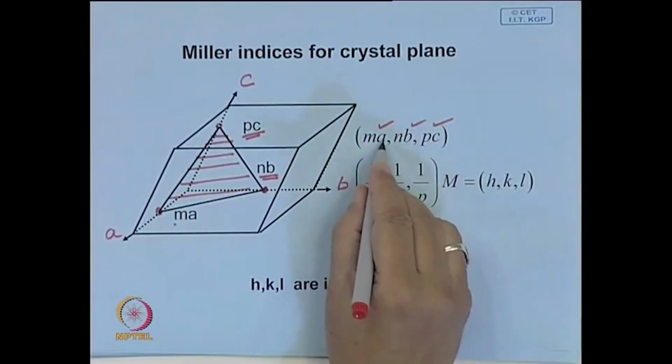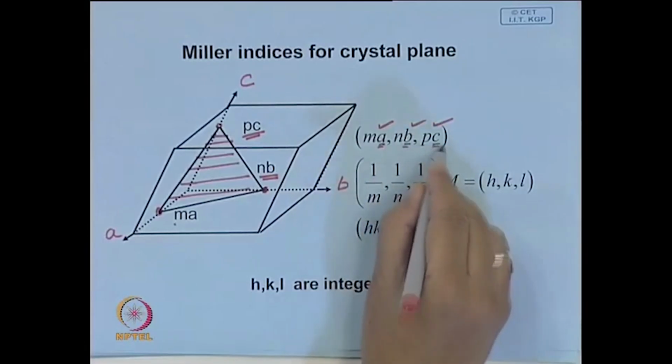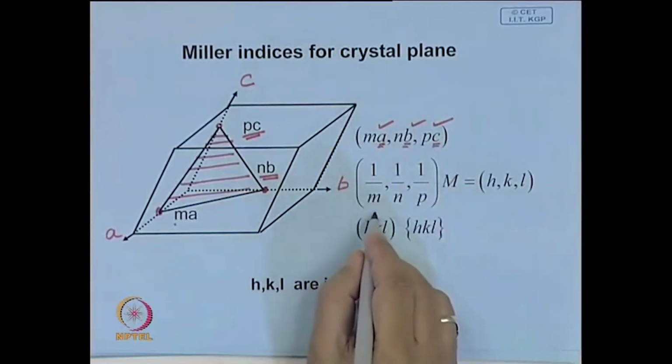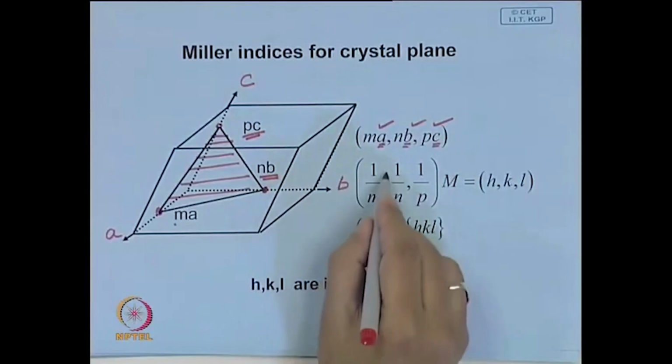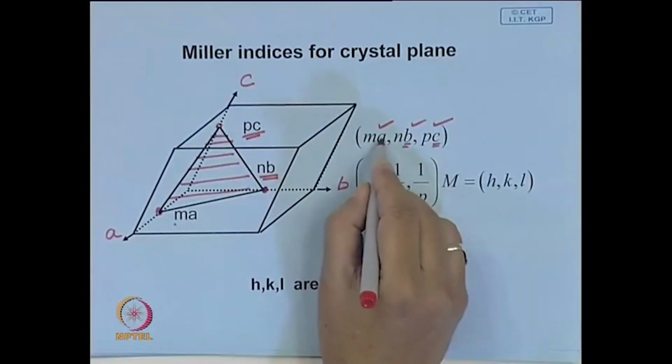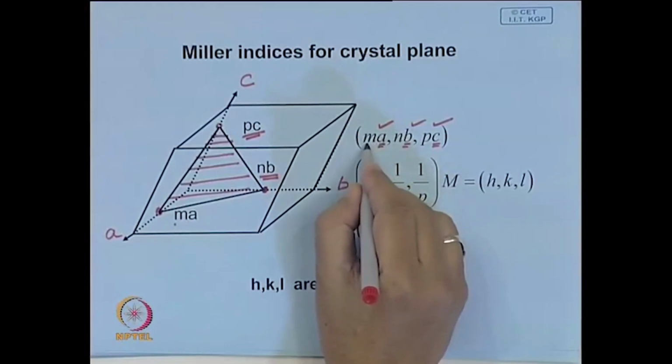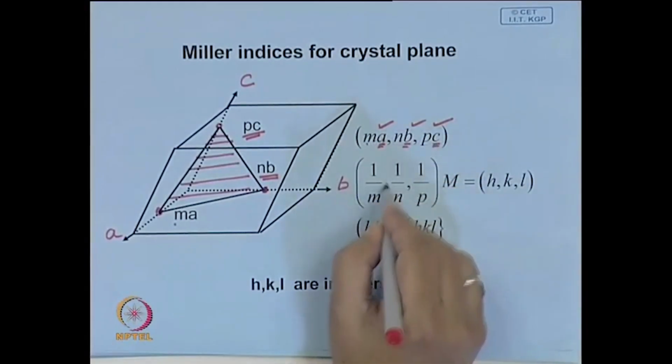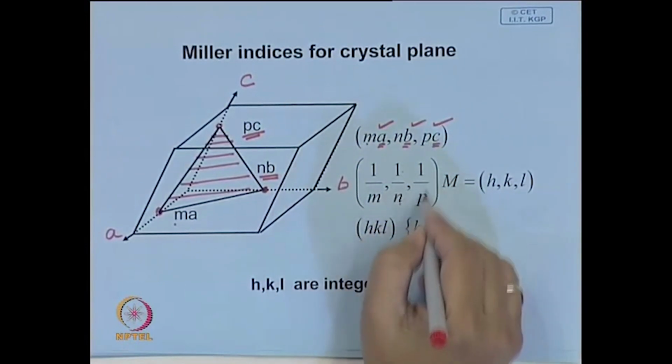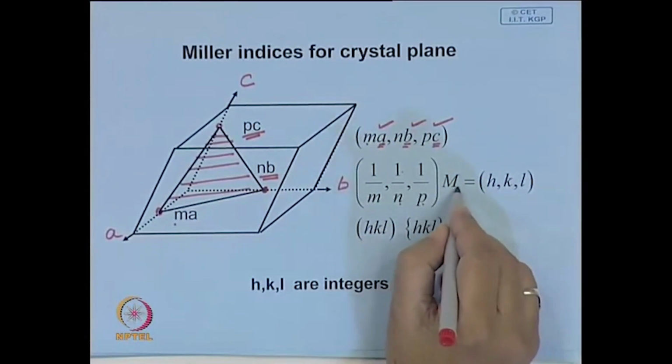Now, what we do, we normalize it with respect to the lattice parameters A, B, C, and in that case it will be m n p. Now, take the reciprocal of that, 1 over m, 1 over n, 1 over p, and think about a multiplier.